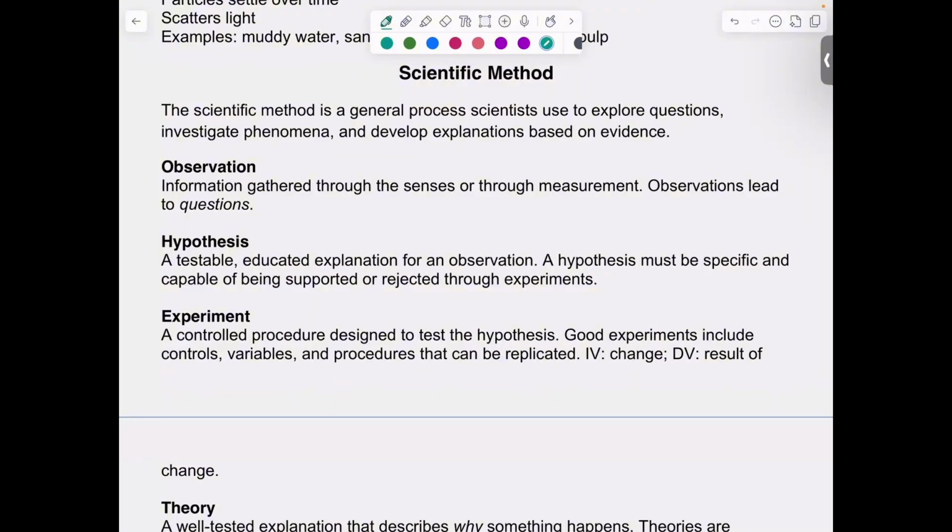And that would be your independent variable, the amount of sunlight that they receive over a period of time. And then your dependent variable would be what would possibly change as an outcome. Well, you might have a taller plant or a shorter plant in that scenario.